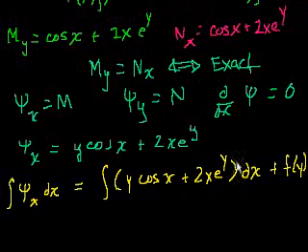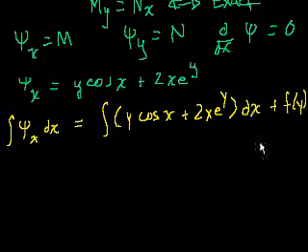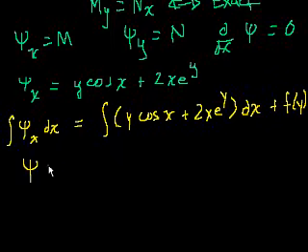So when you take the antiderivative, there might have been some function of y that we lost when we took the partial with respect to x. So xi is going to be equal to the antiderivative with respect to x here, plus some function of y that we might have lost.